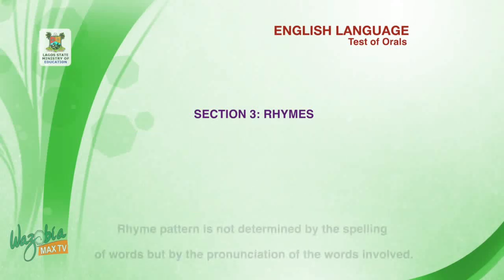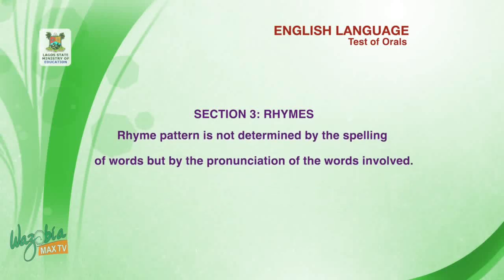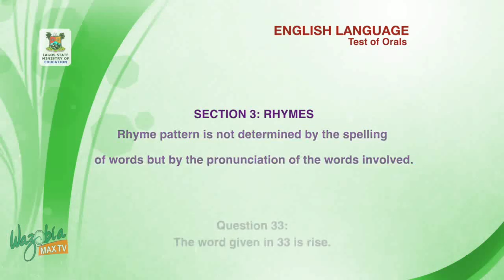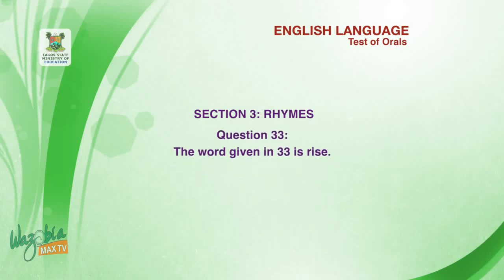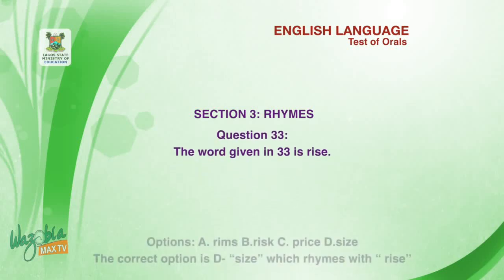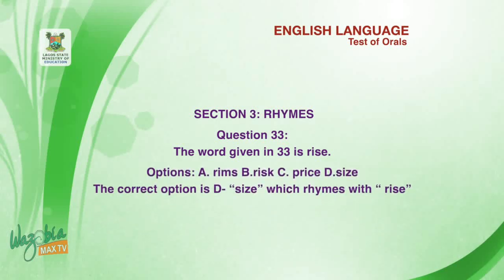I also need to remind you that rhyme pattern is not determined by the spelling of words, but by the pronunciation of the words involved. Question 33 and question 34. The word given in 33 is rise. Options: A, rims, B, risk, C, price, D, size. The correct option is D, size, which rhymes with rise.